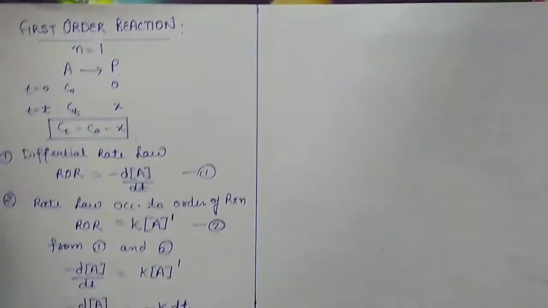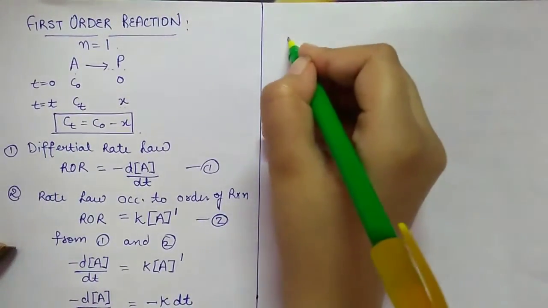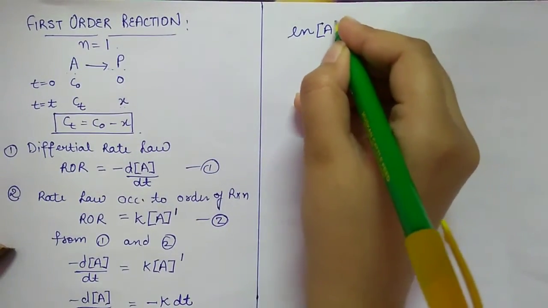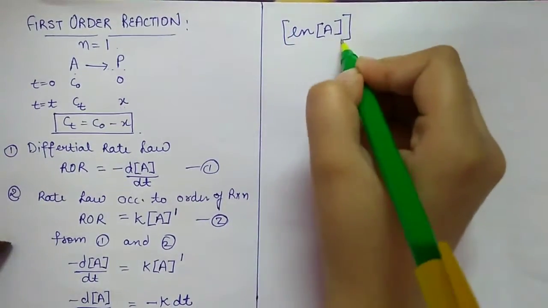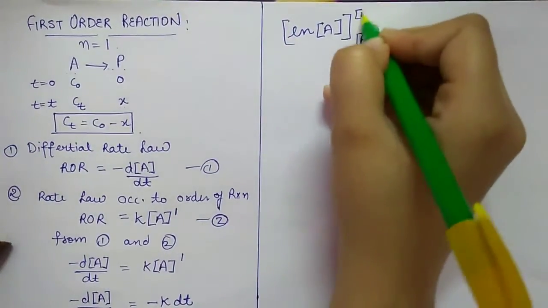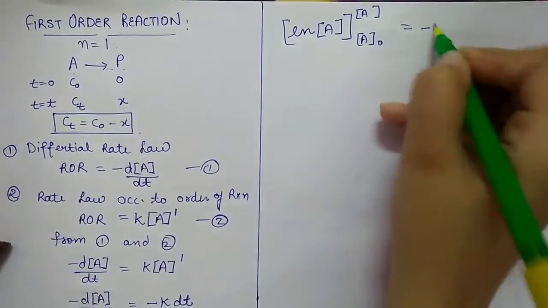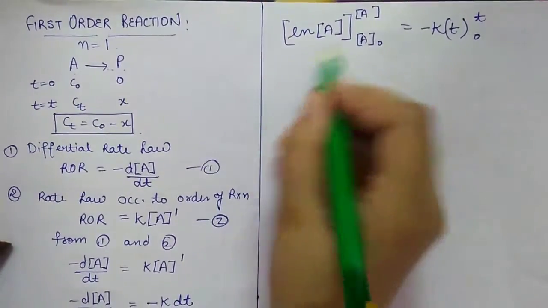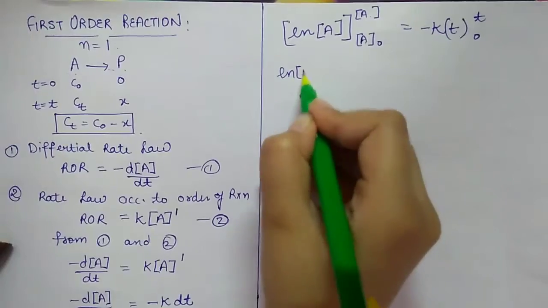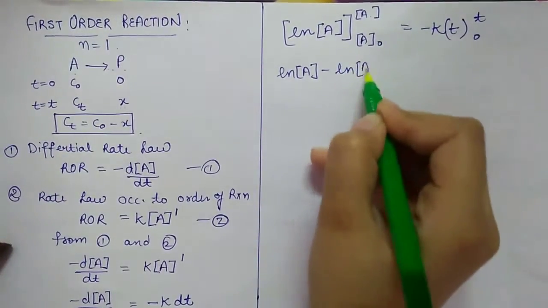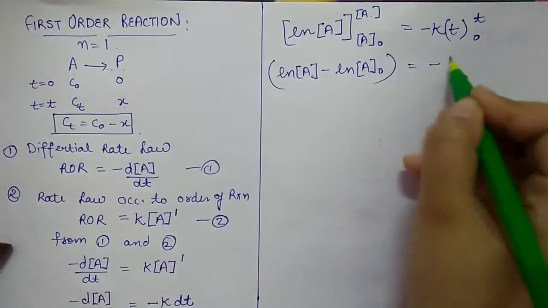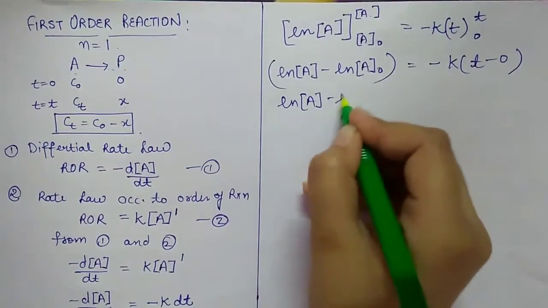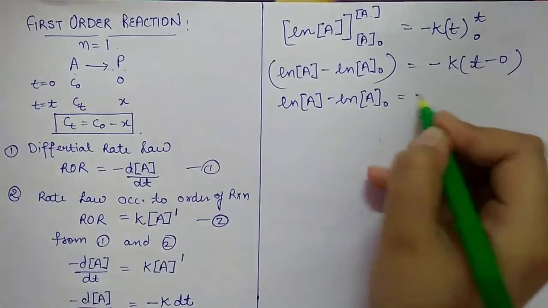So natural log A, applying the limits A naught to A, is equal to minus K times T from 0 to T. It will give upper limit minus lower limit: natural log A minus natural log A naught equals minus K T minus 0. So it gives natural log A minus natural log A naught equals minus KT.